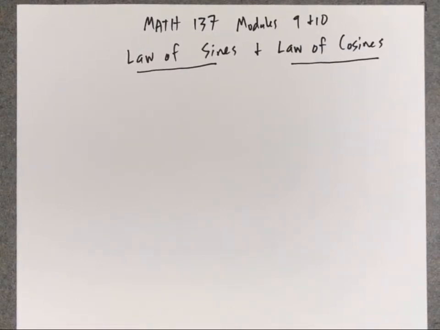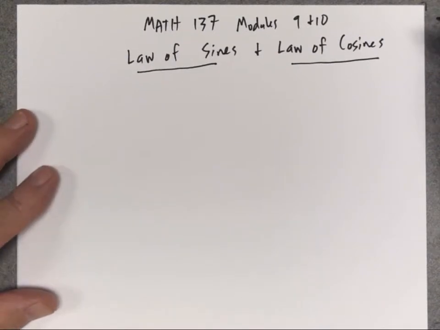Now we're taking a pretty big departure from the kind of stuff we've been doing so far in this trig class. We've been learning about unit circle and angles and radians and trig identities and trig formulas and all kinds of stuff like that. This is going to be a fairly major departure, and maybe some of you will find it a nice break.